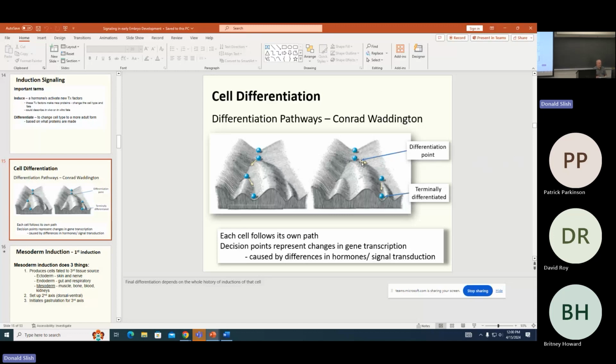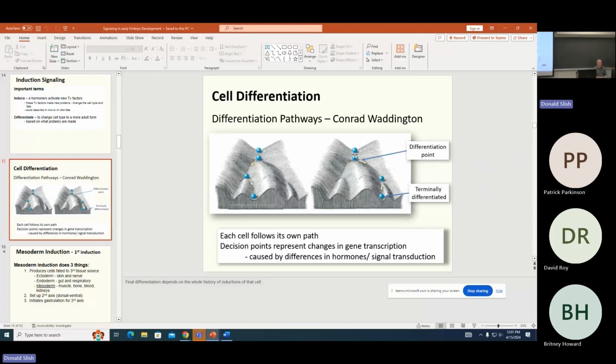And so an ectodermal cell will get hit with a hormone and become a mesodermal cell. That mesodermal cell will then get hit with a different hormone and will become an anterior mesodermal cell. And it'll keep going until it becomes, you know, a mouth part or something, a part of the anterior mesoderm.